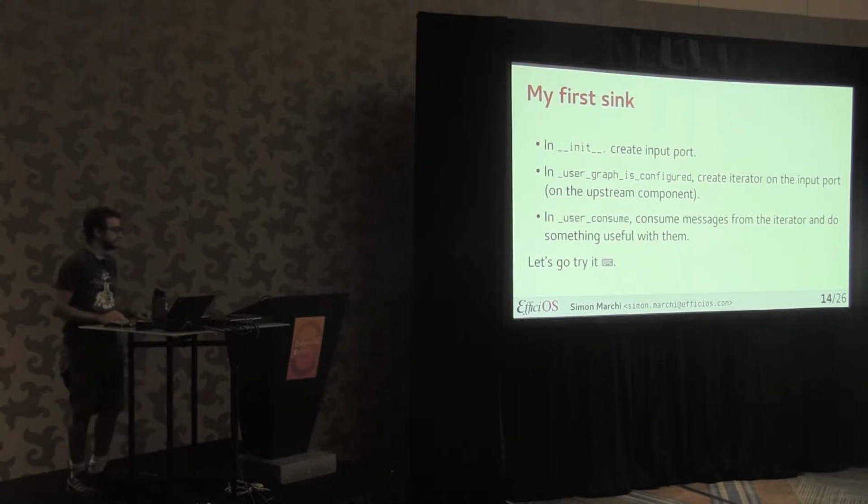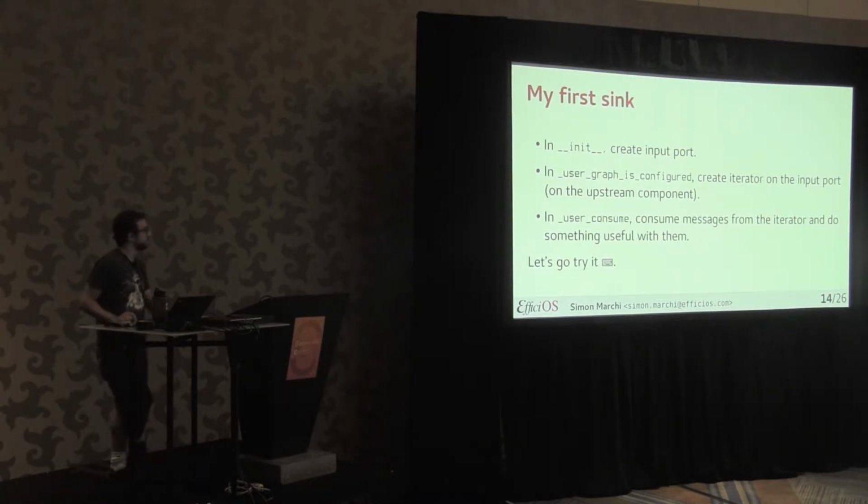So let's start with a sink because it's probably easier to understand, as it doesn't produce anything, versus a source that needs to produce some data. The job of a sink is to receive messages and do some useful work with them. So in the first sink that I write, the only thing it's going to do is receive messages and print them to the standard output, and that's it.